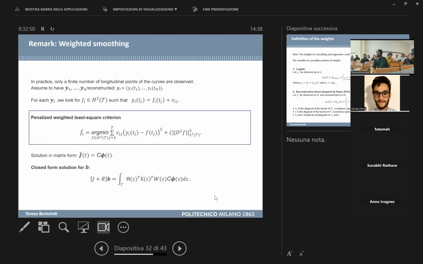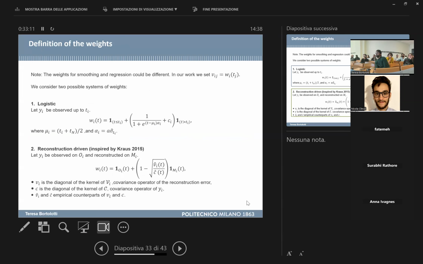So we came up with a weighted counterpart of the smoothing as well, where the weights appear here. Okay, so the weights for regression and for smoothing could in principle be different. We decided to set them as equal and see what happened to the regression performance.